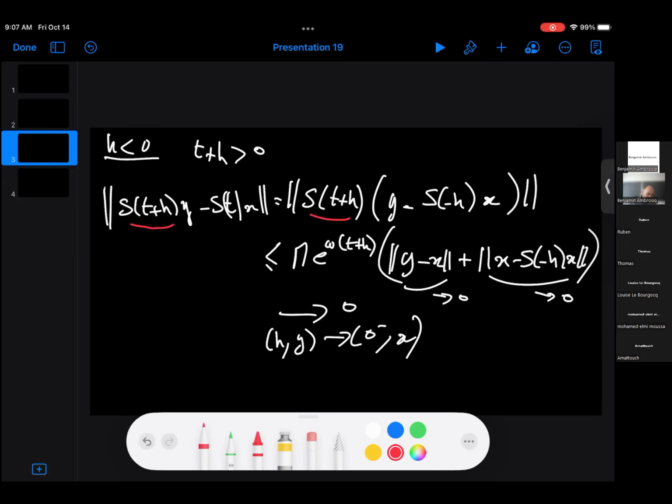Here it's okay because minus H is positive, so this is well defined. And then the norm here, I can bound it by this quantity, and this goes smoothly. So this converges.